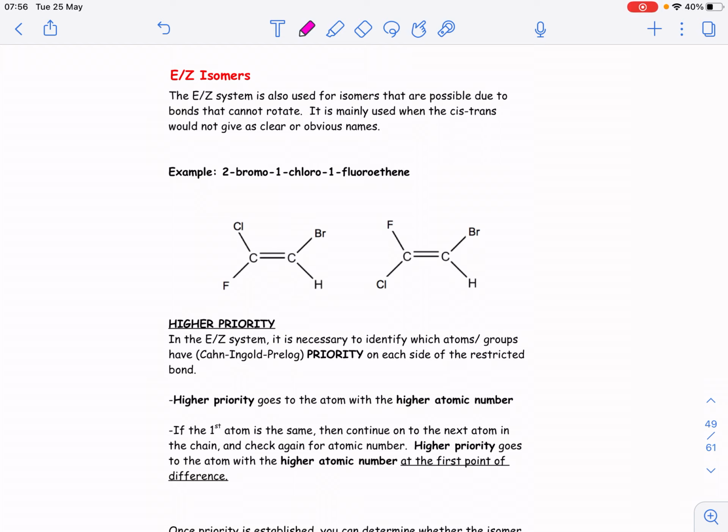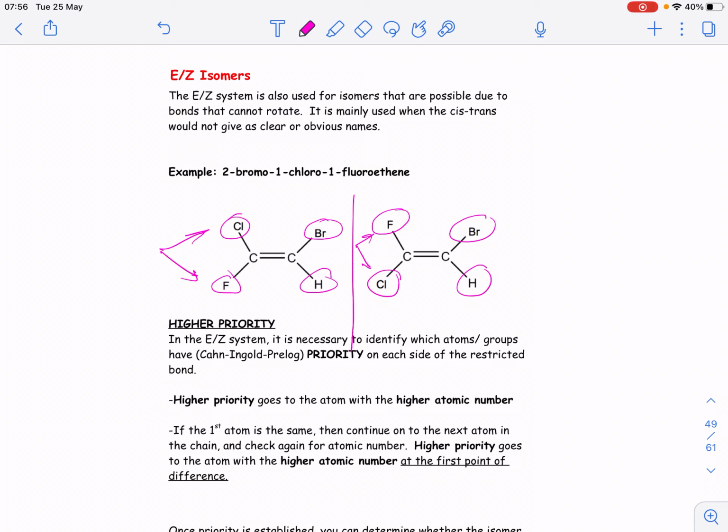But what do you do when you have different atoms? So in this example, F, Cl, Br, and H. So I've got 4 different attachments across this double bond. And now, if you look over here, I've made a different isomer. I've flipped it, and the F and the Cl are oriented differently in the 2 different molecules. So these are isomers of one another. They are stereoisomers of one another.